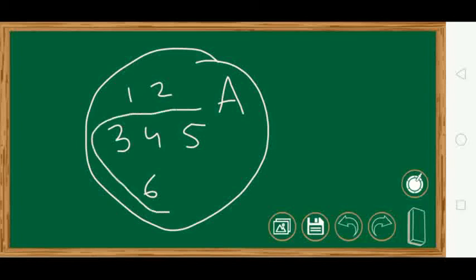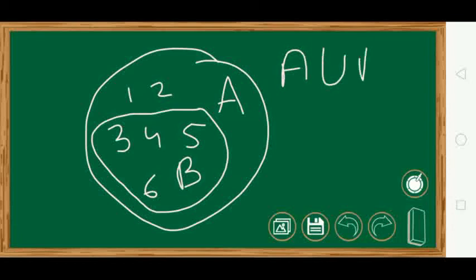So this is your B. This is how you show A union B. All the elements of A as well as all the elements of B are given in this. So, disjoint sets and union of sets.